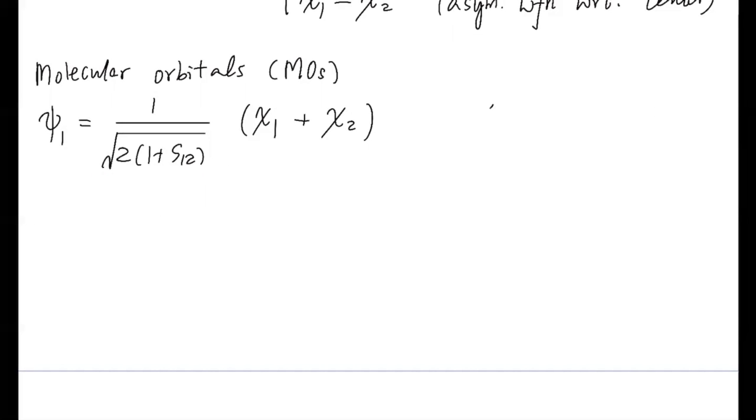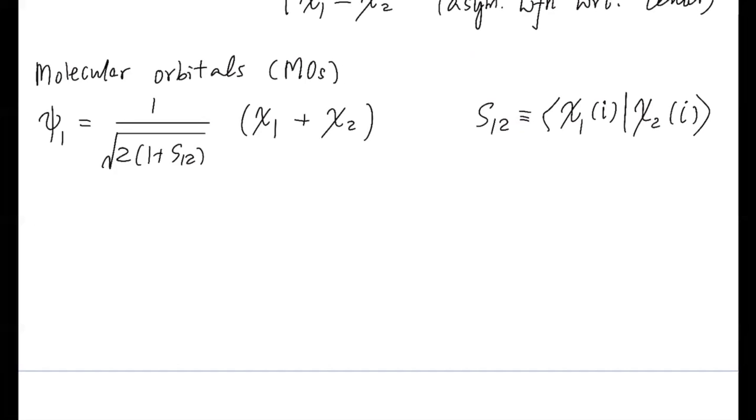Based on this fact, you should have this coefficient. And here, S12 is just the overlap integral, which is defined as the integral of chi1 for electron i times chi2 for the same electron. Here we simply denote the index of the electron as i, which could be the first or the second electron.